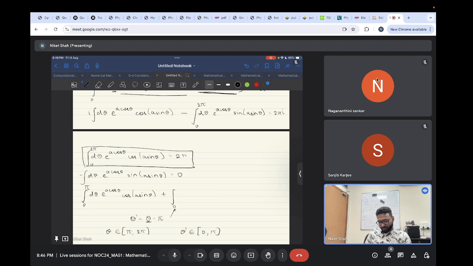So this is again 0 to pi only. D theta prime e raised to power a cos theta. So theta is pi plus theta prime.